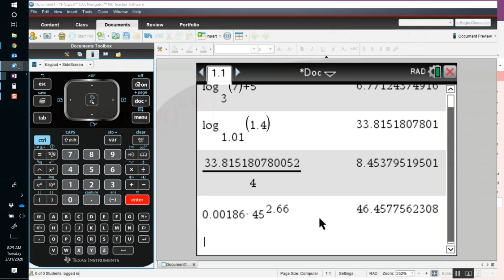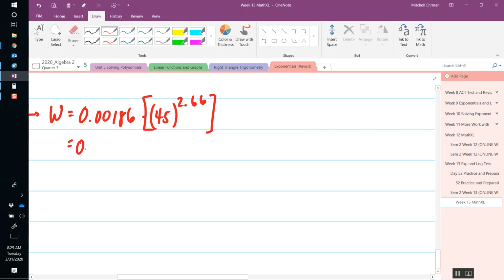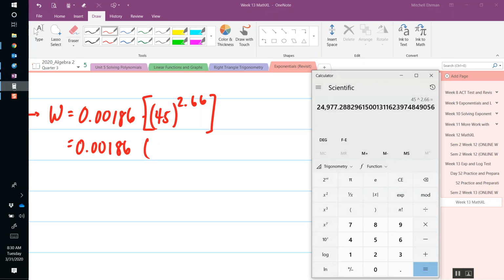So if I were doing this on a basic calculator, it would look something like this: 45 to the power of 2.66. And if you write this down in between steps rather than leaving it in your calculator, do make sure that you include lots of decimals here.